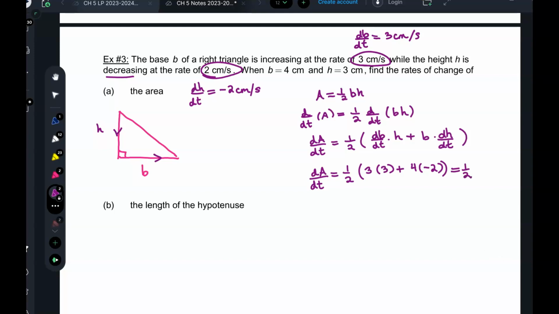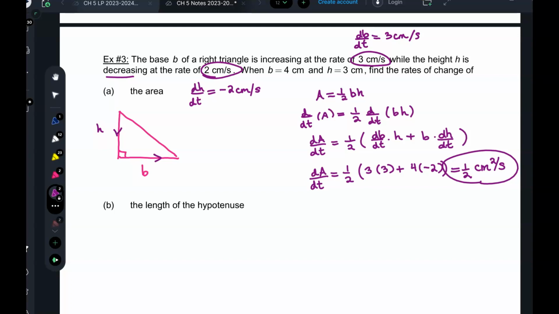So this is 1/2, and it's going to be square centimeters per second, because that's the change in area with respect to time. Is that like the ratio basically? It's not the ratio. You have this triangle, and at different points in time, maybe when the base is 5 and the height is something different, it could be a different rate.